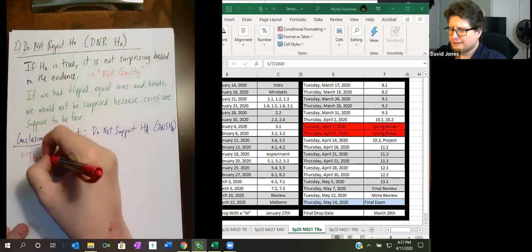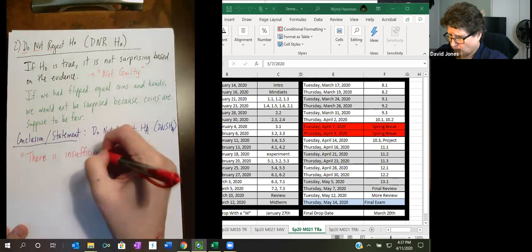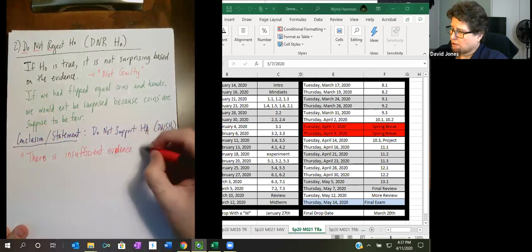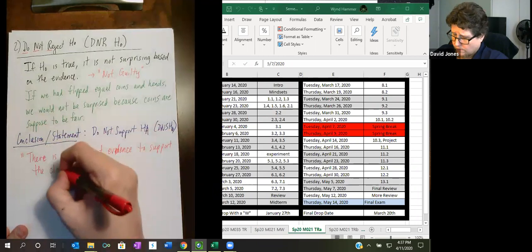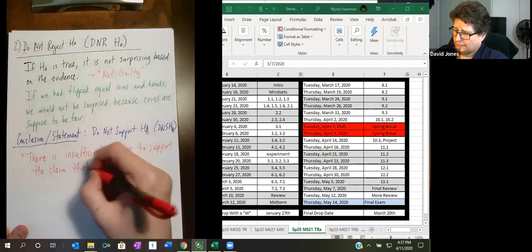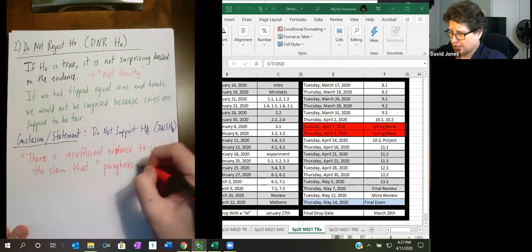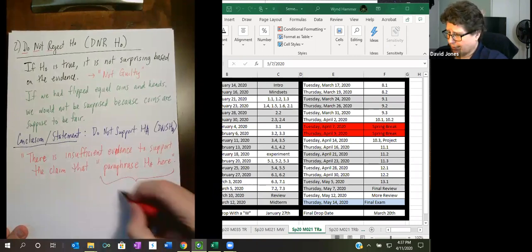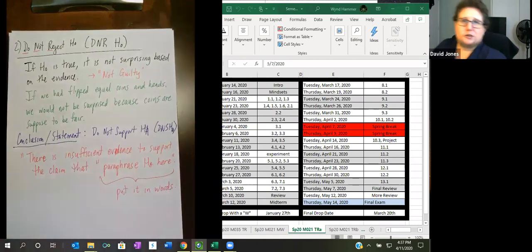There is insufficient evidence to support the claim that, again, paraphrase HA here. Put it in English. Put it in words. If you're writing in Spanish, put it in Spanish. French, French.